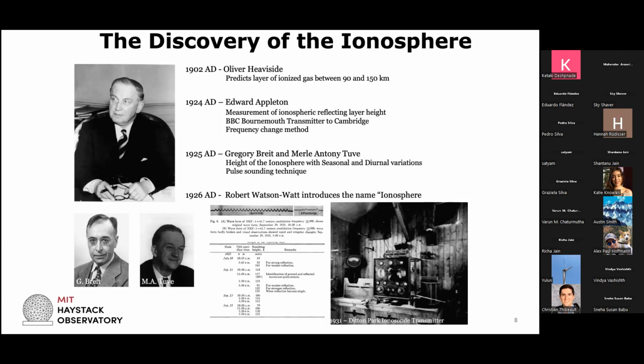And then in 1925, Breit and Tuve, who I only just learned worked outside of Washington, D.C. I never knew they were U.S., started using a pulse sounding technique and realized that the ionosphere had seasonal and diurnal variation. And in 1926, Robert Watson-Watt introduced the name ionosphere. So that's the brief history.